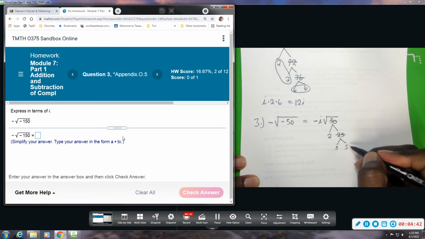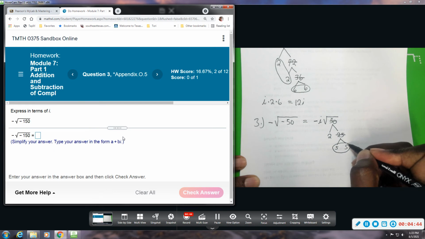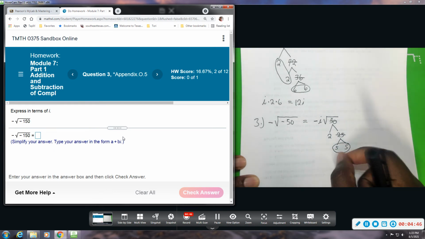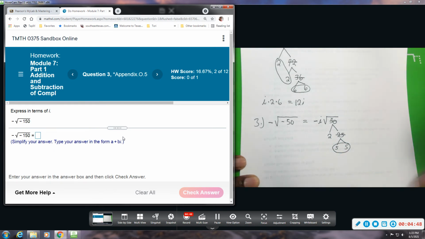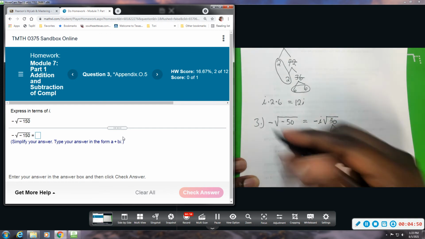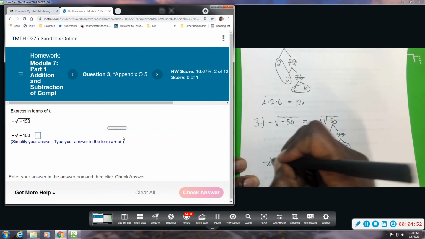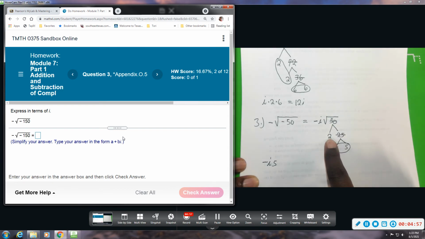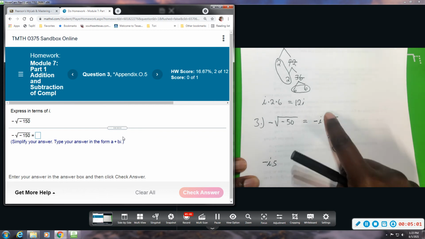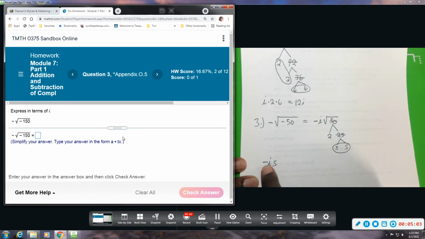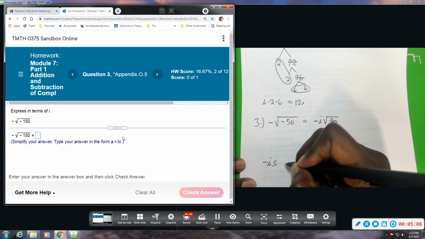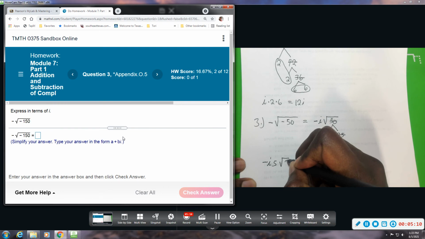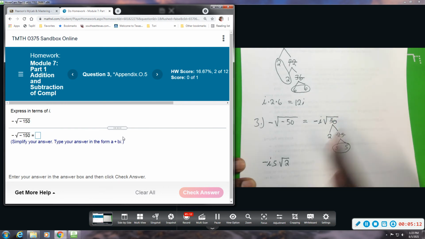All right, I have a pair of 5's, so that means I get to pull one 5 out. They merge, become 1. I get to pull a 5 out. So on the outside, with my negative i, I also add a 5. Now, the 2 is left alone. It doesn't have any pairs or matches. So it will stay underneath the radical. So right now we have a negative i times 5, and then we have this square root of 2. The 2 did not get to come out of the square root.